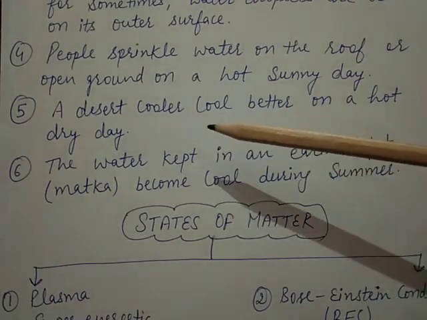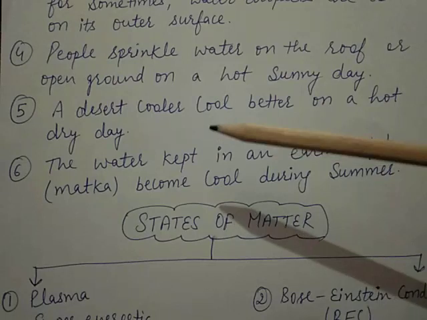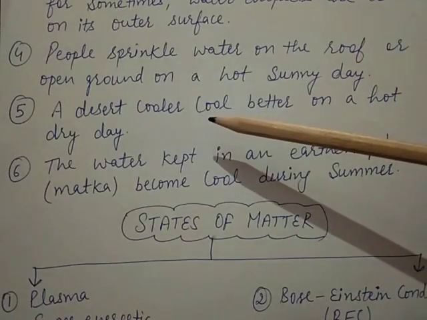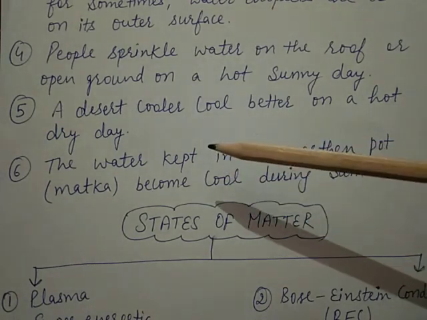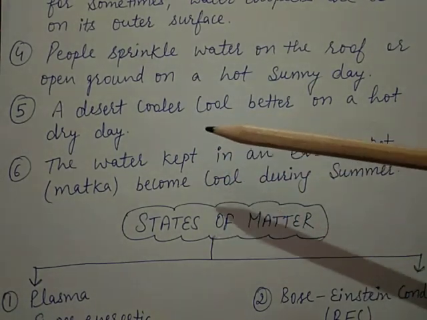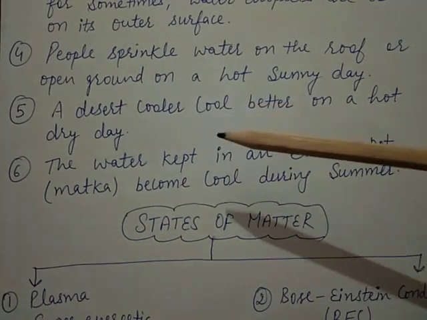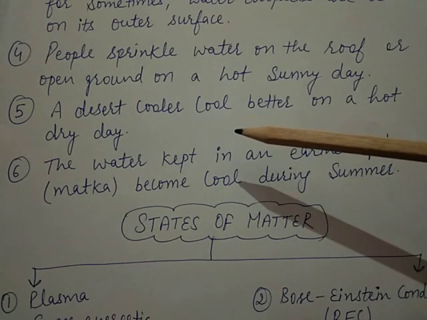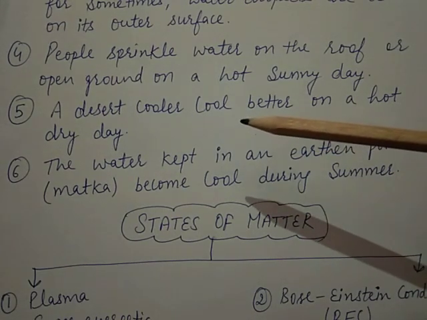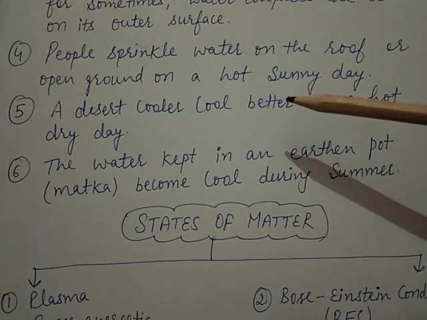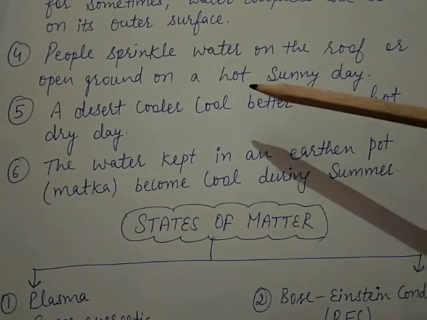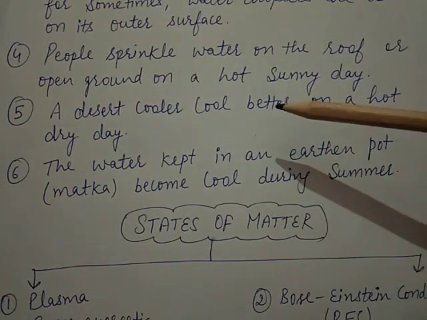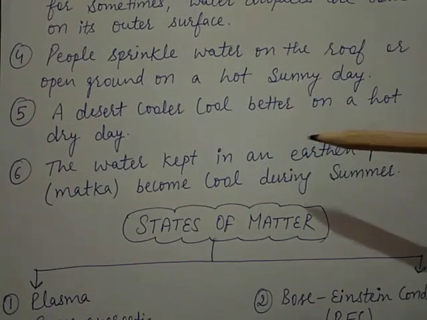A desert cooler functions on the principle of evaporation. The water takes heat from the hot desert cooler and evaporates fast. So the evaporation of water cools the pads and circulating water, so the incoming air gets cooled down.